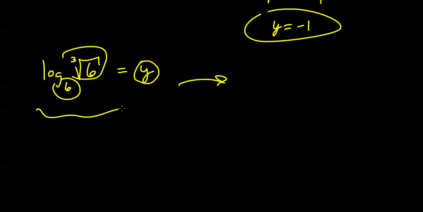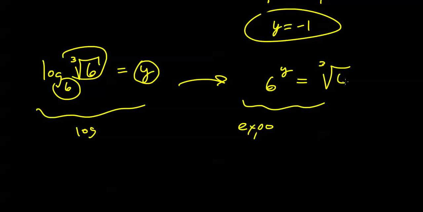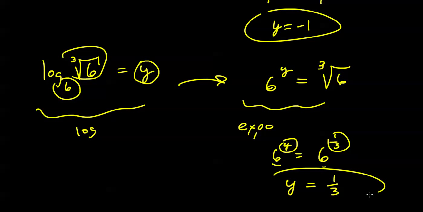You'll recall from our section on fractional exponents, the cube root of 6 is 6 to the 1/3 power, is it not? Denominator root, numerator power. Remember we talked about that? So again, if the bases are the same, that means the exponents must be the same. So y must equal 1/3 here.